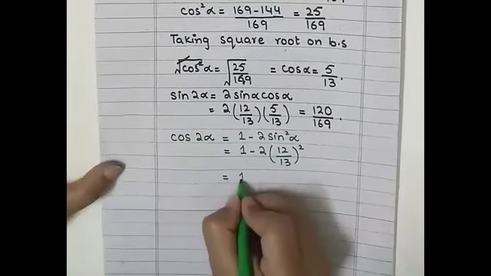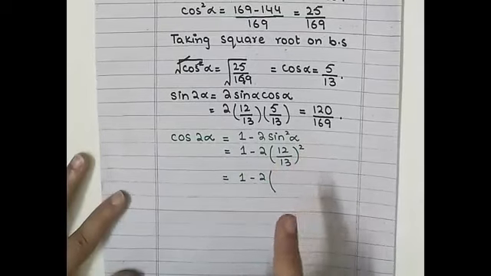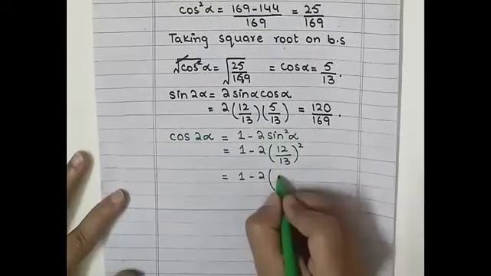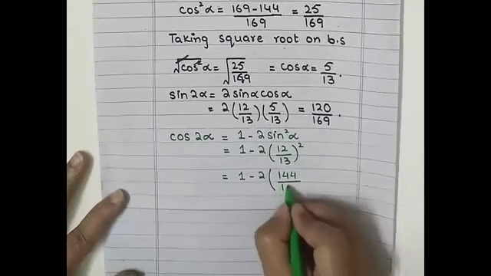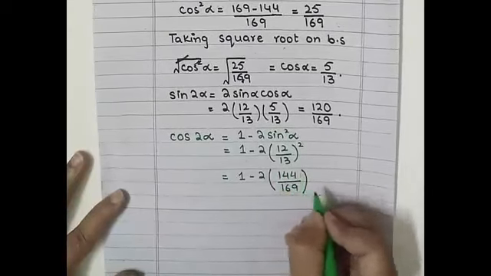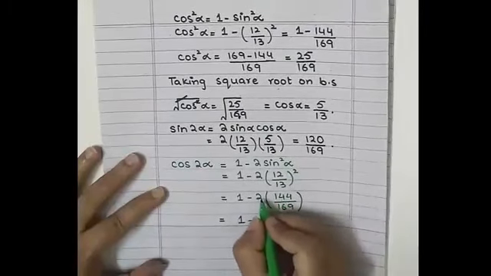First we will take the square and then we will multiply the answer with this 2. The square of 12 is 144 and the square of 13 is 169.